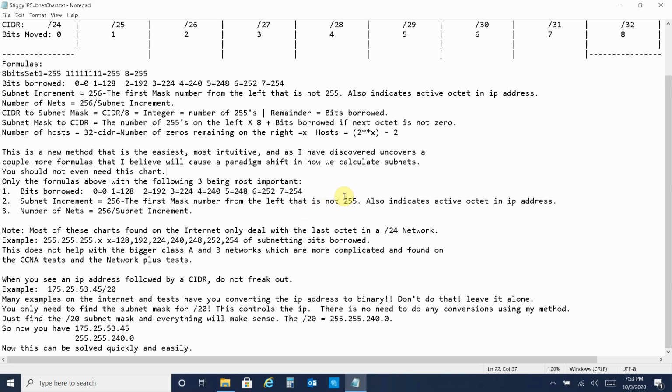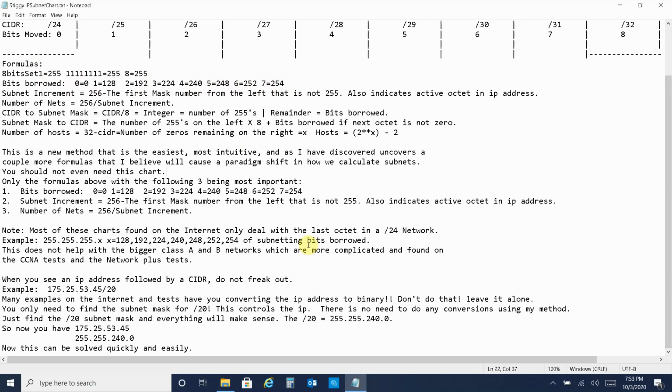Every answer comes from the subnet mask before you even start with an IP address above it. And the active octet is always going to be the first one going from the left to the right that is not 255, whether it be 0 or one of these guys here.